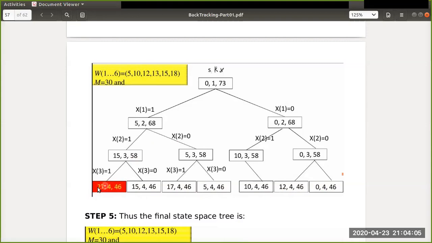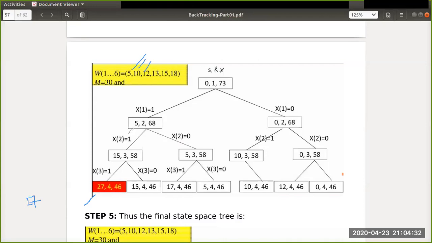This is why it is red marked, meaning we can't generate it. Why can't I generate? If I want to generate, the actual weight is 27 up to including the three item weights.